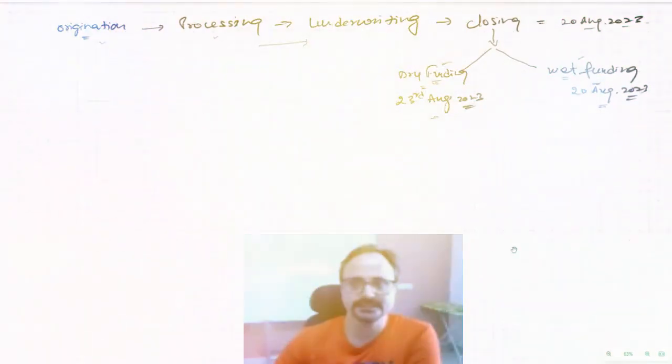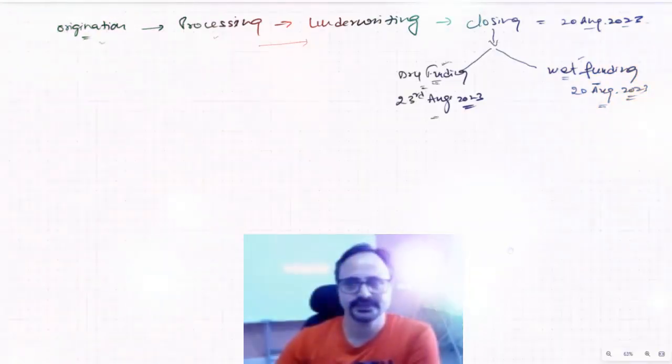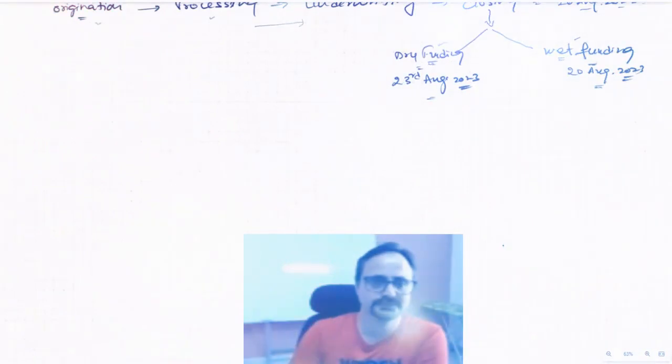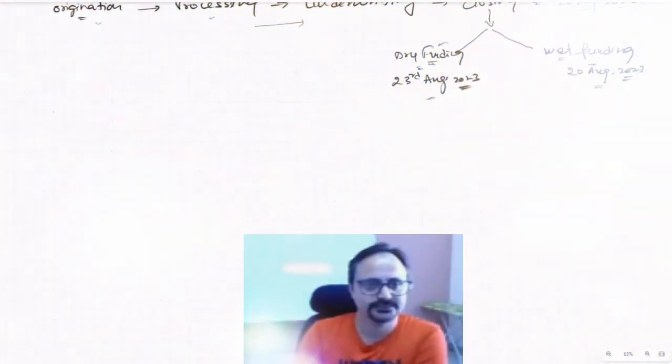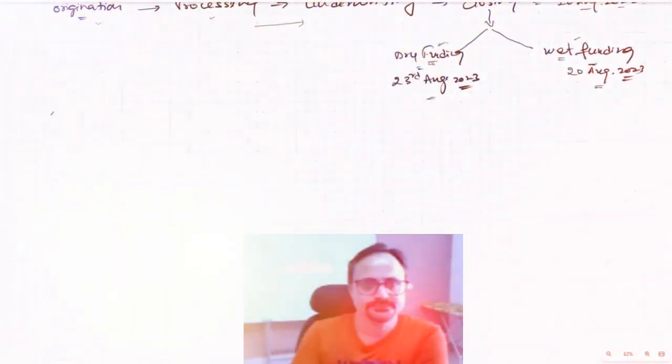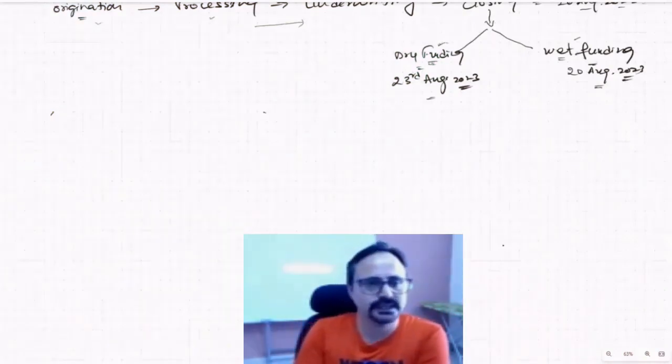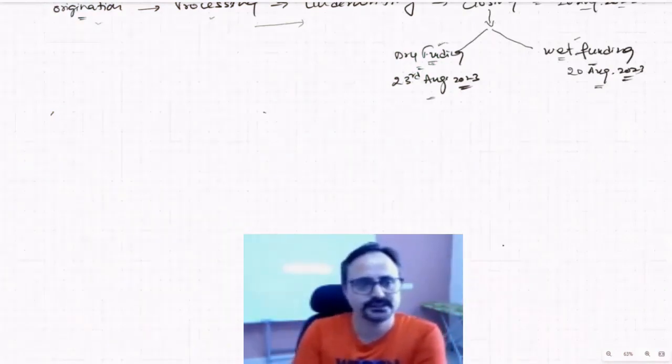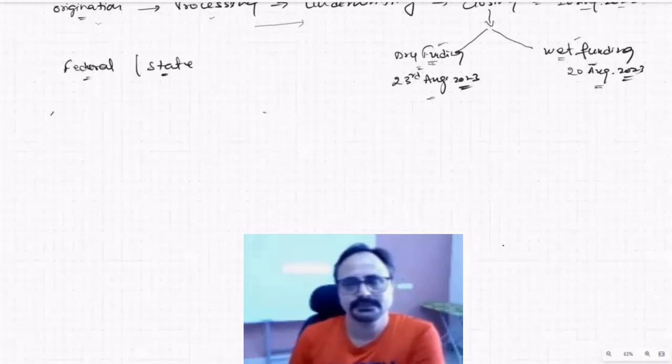Now, before understanding why this happens, dry funding, wet funding, I wanted to share with you different things. Let's cover that first. Okay, I told you there are two types of rules and regulations, right? One is federal and the other is state. Make sense?